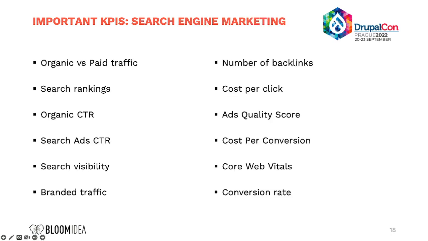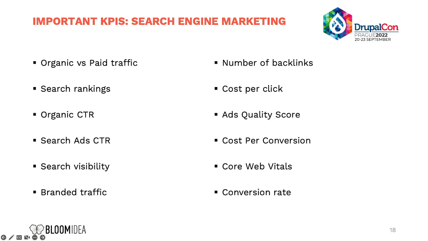This is for search engine marketing. Inside search engine marketing, there's organic, that usually is search engine optimization, and the paid one, PPC, pay-per-click. Here, I'm talking about both of them. That's why I put there organic versus paid traffic.